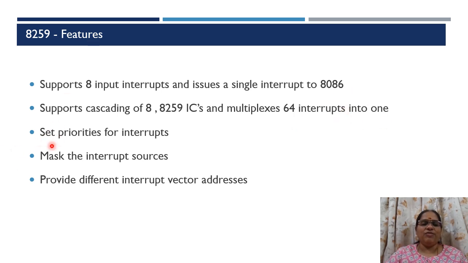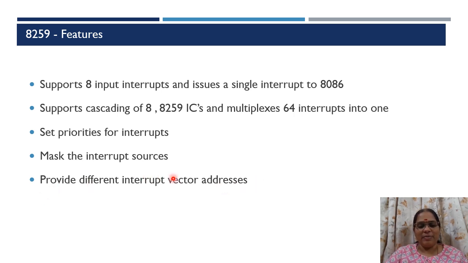The features are that we can set the priority of the interrupts. In a simple configuration with 8 interrupts, you can set priorities for the interrupts or mask a particular interrupt, and you can store the interrupt vector address. The interrupt vector address is the address in which your service routine for a particular interrupt is stored.